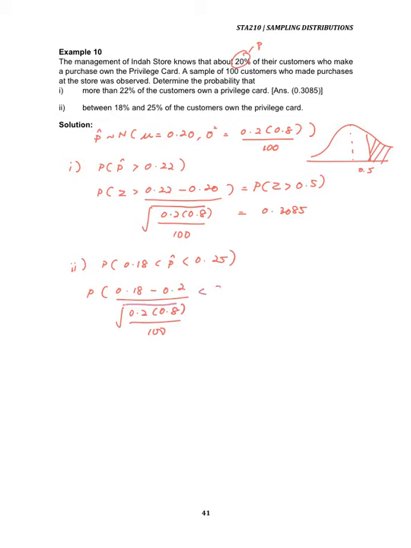So this one will become Z. So 0.25 minus 0.2 over square root of 0.2 times 0.8 over 100. So finally, the value of Z will be negative 0.5 and 1.25.